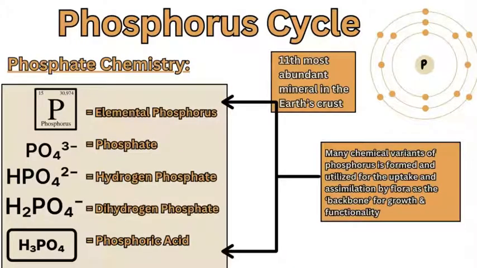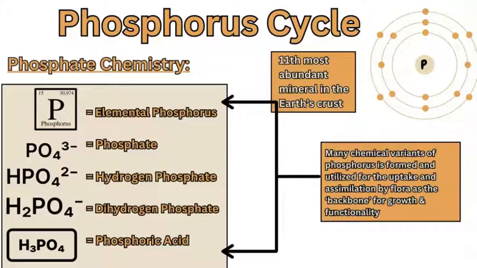The element phosphorus has an atomic number of 15. It has 15 electrons, 15 protons, and a mass of about 30.9. This element is the 11th most abundant in the crust as a mineral, and it is an integral element for all biomass, vegetation, and flora, for growth, and it is the backbone of both DNA and RNA.